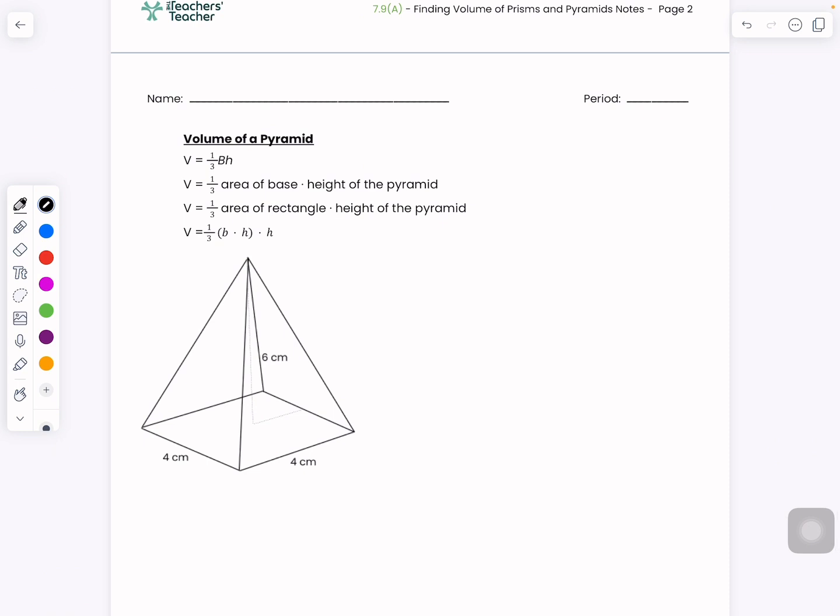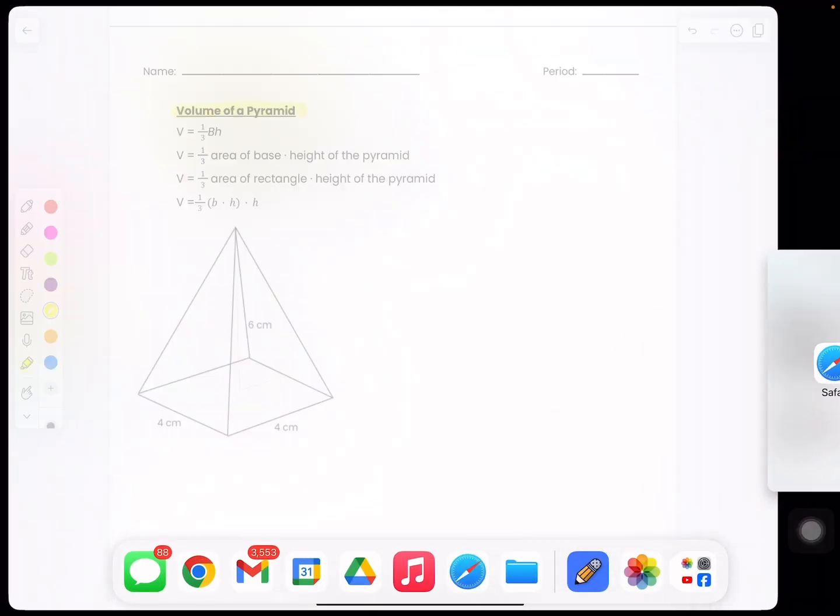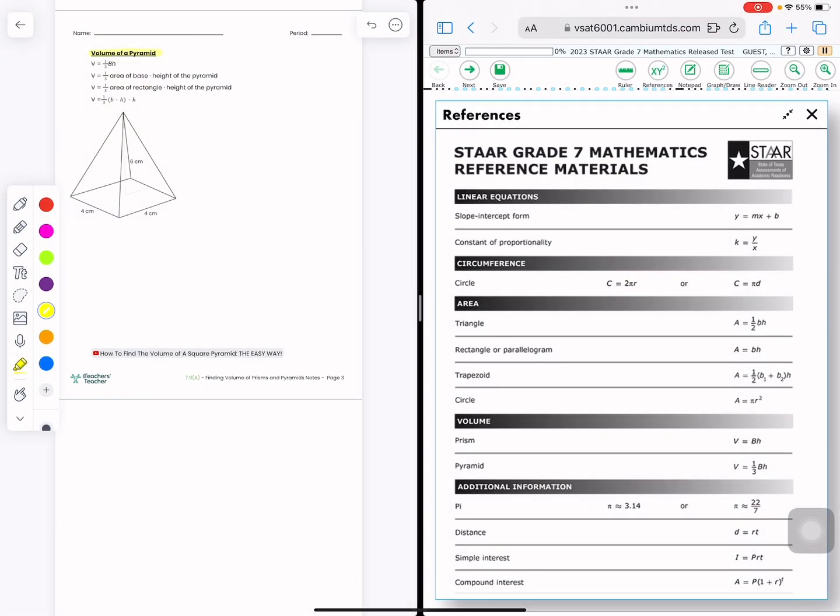Now let's go ahead and take a look at example number 3, volume of a pyramid. Again, we're going to need to look up the formula for volume of a pyramid. And you'll notice for a pyramid, volume equals 1/3 the area of the base times the height.